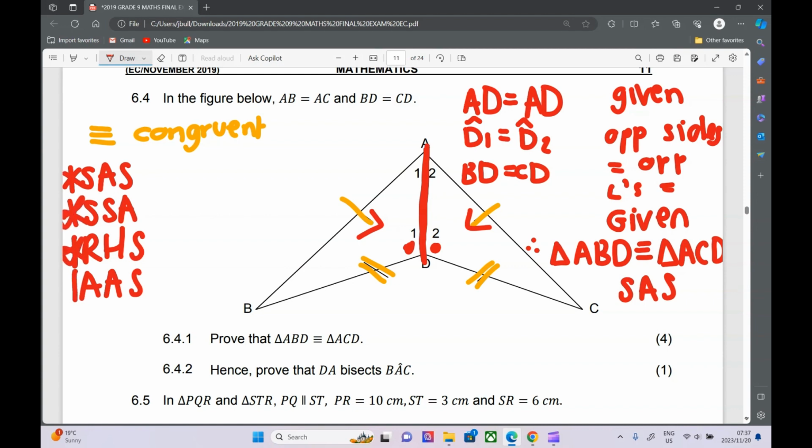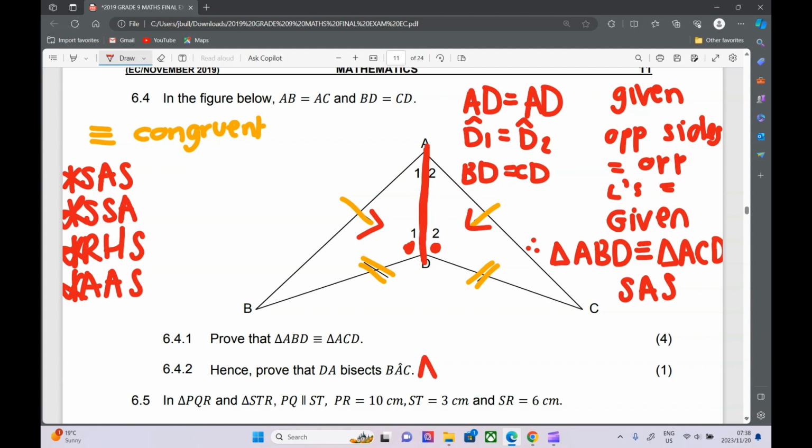Okay, and then they want to say, hence prove that DA, so this line in the middle, bisects angle BAC. That one's not too difficult. All you've got to say is because they are congruent.